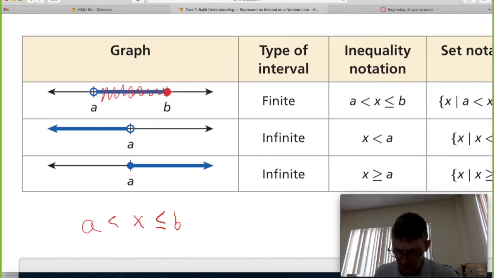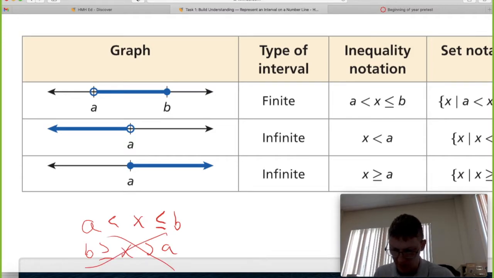So again, you go from left to right. Something like this would not be appropriate or would not be right, so we're going to put a big X through that. And I don't even know how you would do this, but something like, or no, go back.